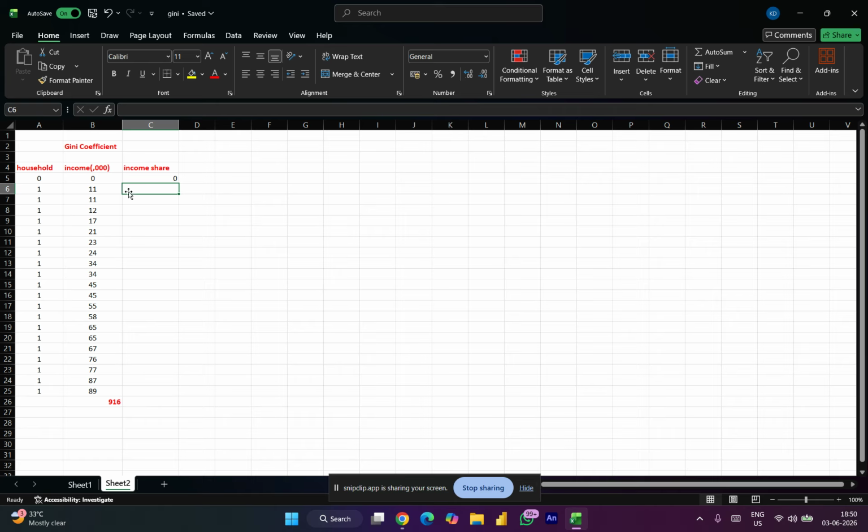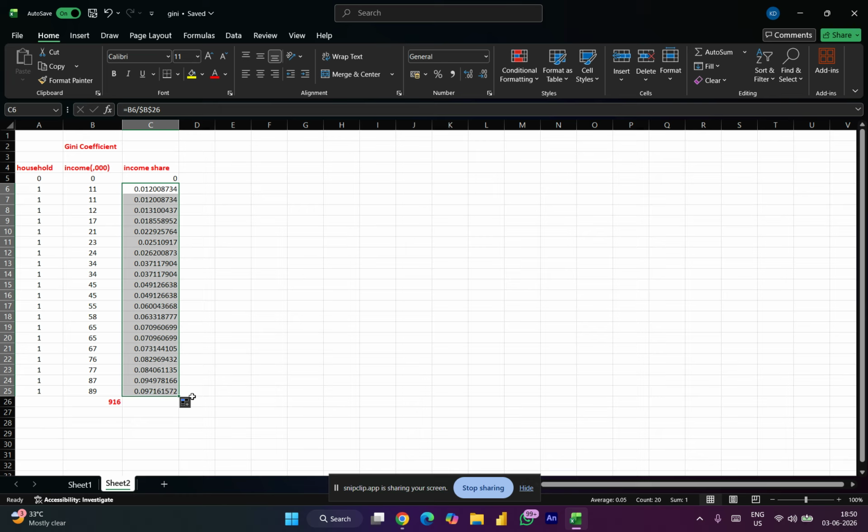So what we have to do, we take the individual value, that means this value divided by this value, the total. Since in all cases we have to divide by the same total, we put a dollar sign so that it will not change: dollar B, dollar 26. Click this. In this way, we will get the income share of each household.